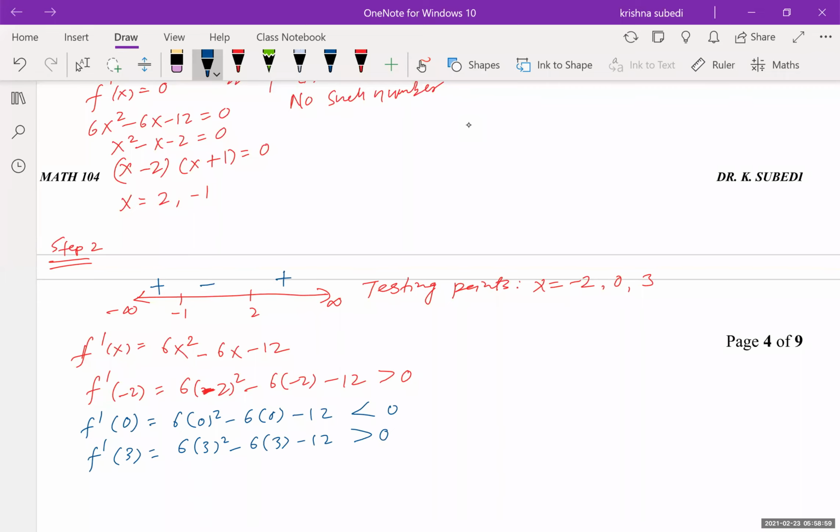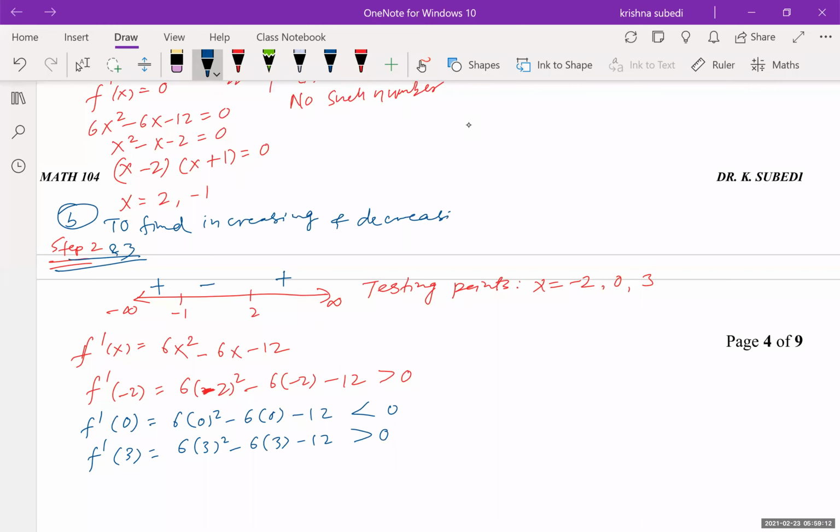So that was steps 2 and 3, by the way. This is our part B, to find the increasing and decreasing intervals.